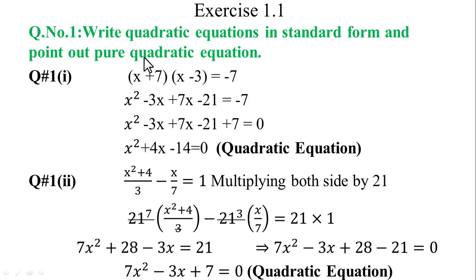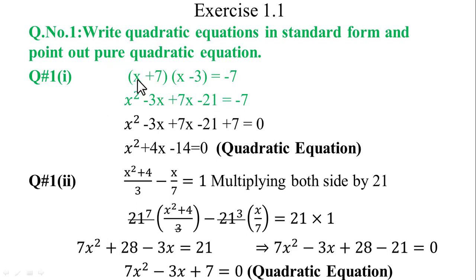First of all, question number 1, first part: x plus 7 into x minus 3 is equal to minus 7. So in the given equation, first of all, we multiply both factors. Then this equation becomes x square minus 3x plus 7x minus 21 is equal to minus 7.